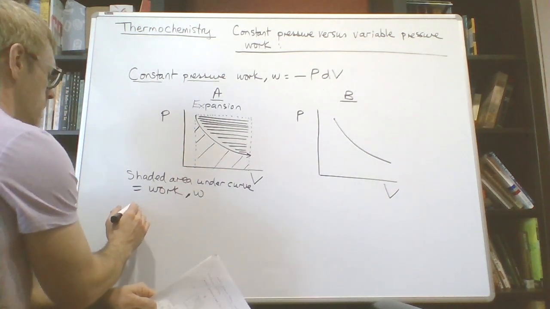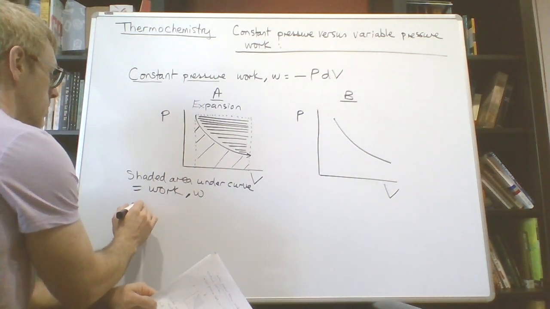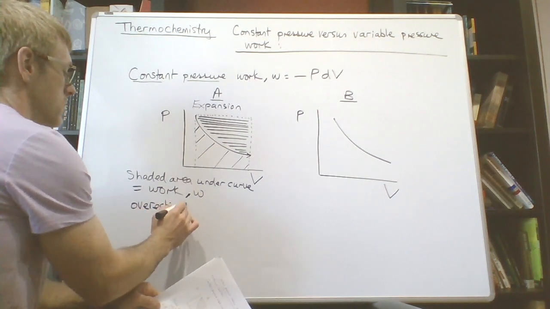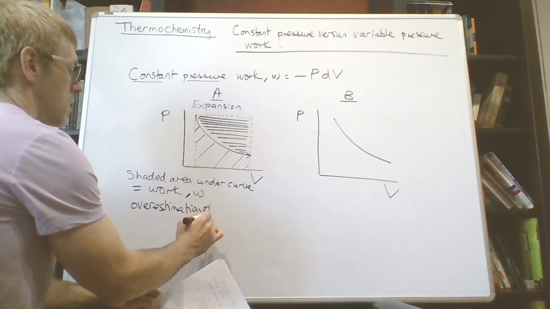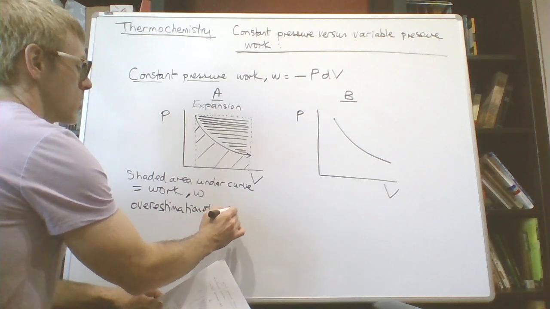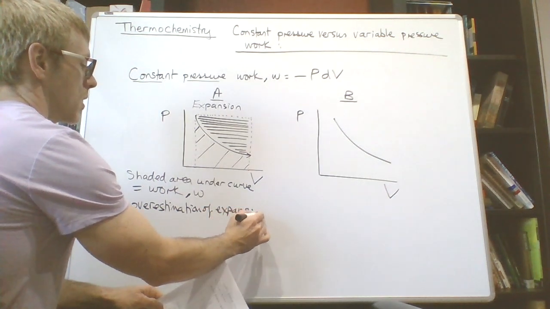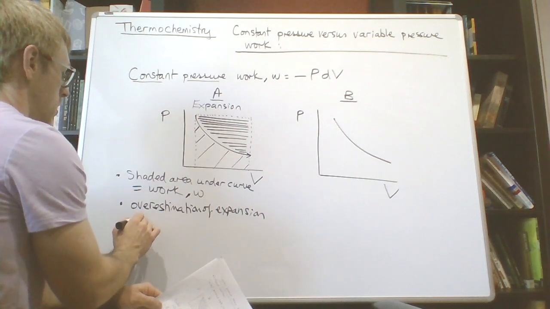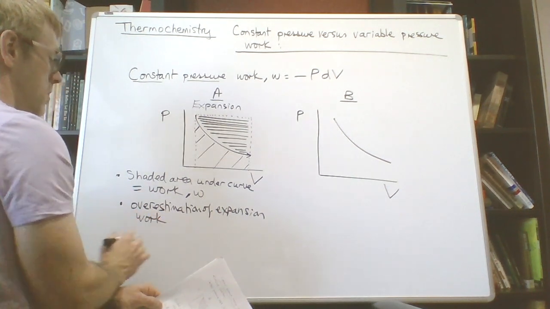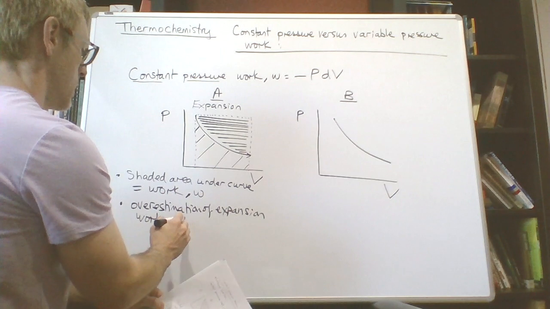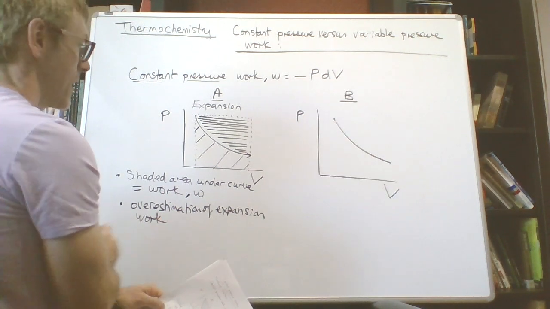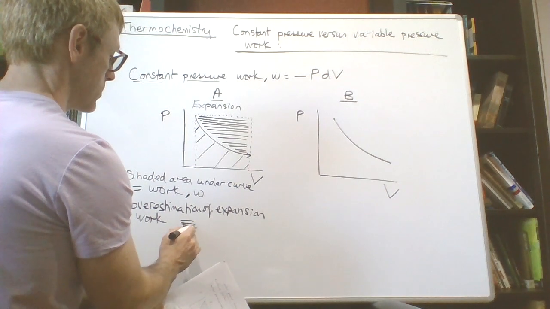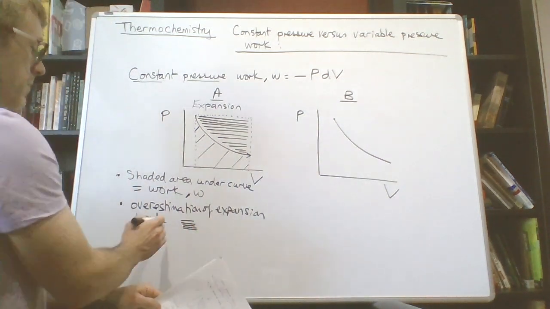So it leads to an overestimation of the expansion work, and that overestimation is what I've shaded with parallel lines.